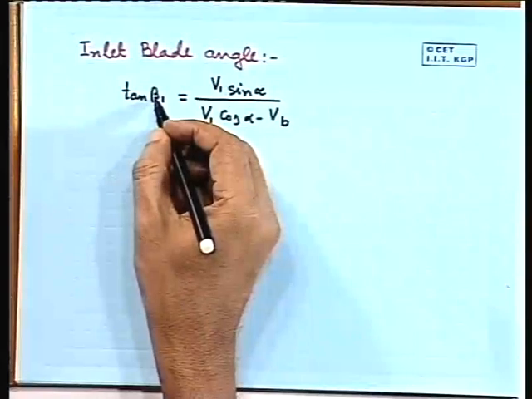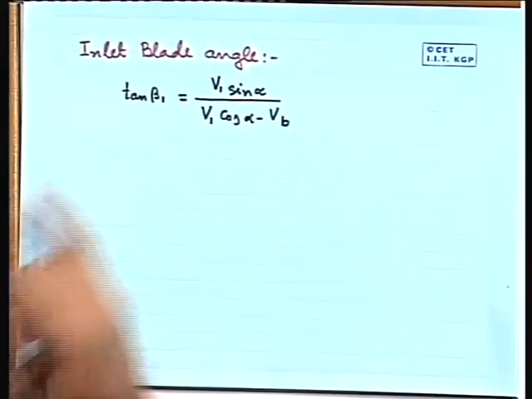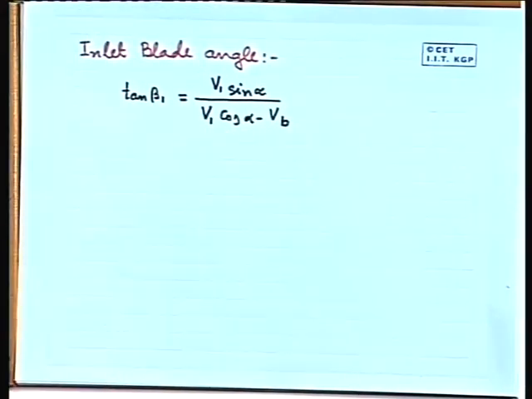Why is it important to determine tan beta 1 or beta 1? Because the blading should be designed in such a way that the steam enters the blading tangentially without any shock or collision. If tan beta 1 is something different from the blade inlet angle, then when the steam is entering, it will make some sort of collision with the edge of the blade, and some of the momentum will get lost.